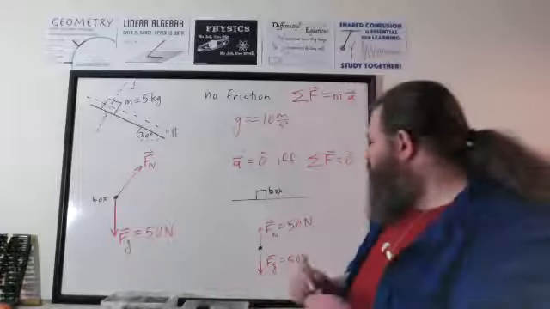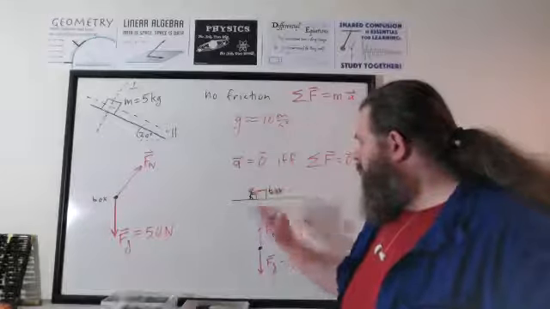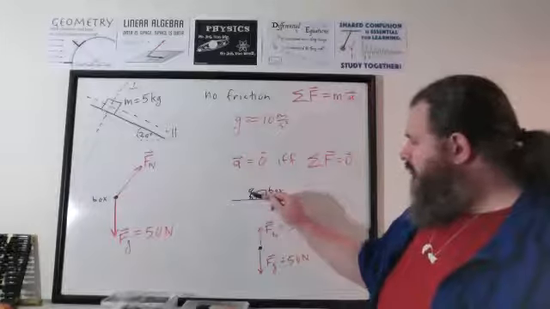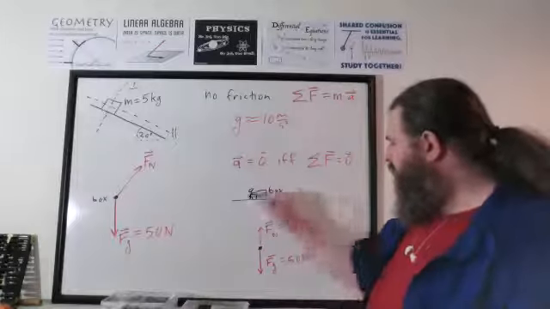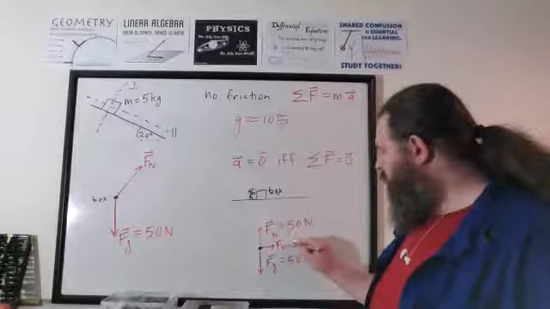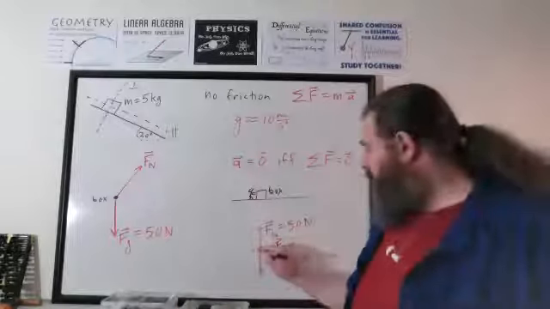However, if there was somebody pushing on the box, but not hard enough to actually move it, the person's exerting a force, let's say to the right. So we've got a force from the push, but the box isn't moving because there's exactly enough static friction to balance that out.